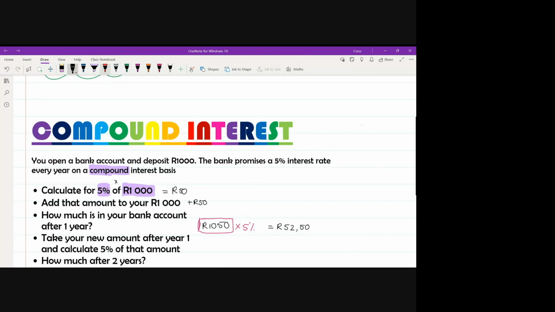So you see now, in the second year, we make a little more than we did in the first year, right? But that's because we've earned interest. First, we've earned interest on our 1,000 Rand, but we've also earned interest on the 50 Rand that they gave us. Okay, so basically what we're doing is we are earning interest on interest.